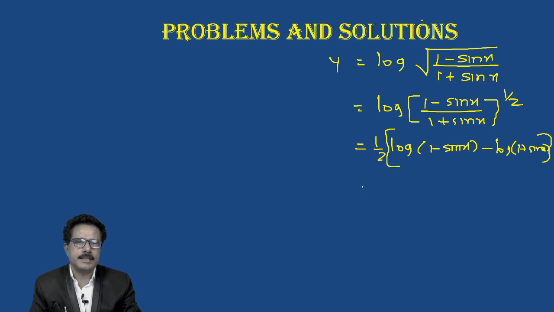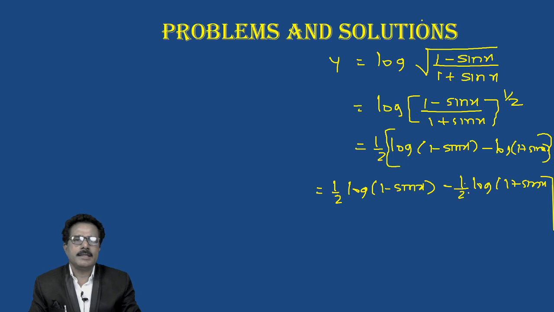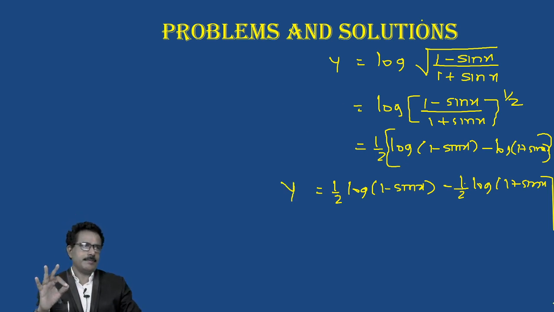Put it as it is, that is 1 by 2 log of 1 minus sin x minus 1 by 2 log of 1 plus sin x. These are the steps of simplification.